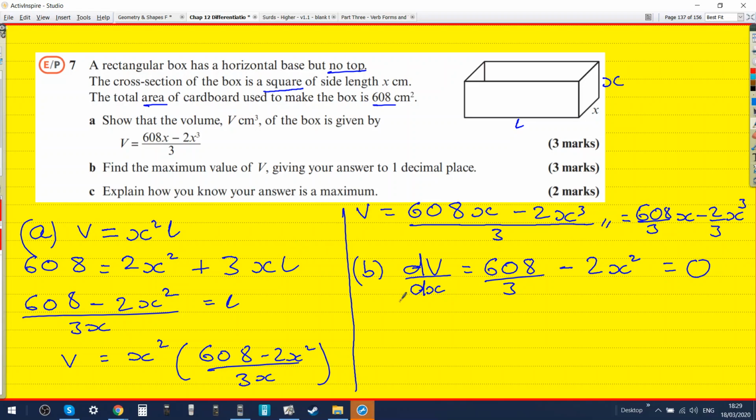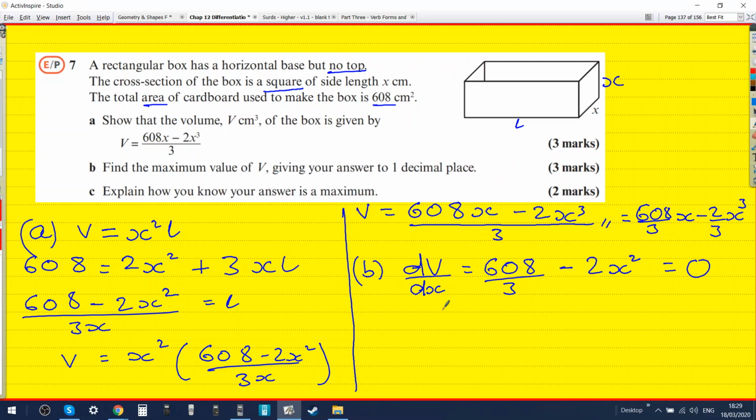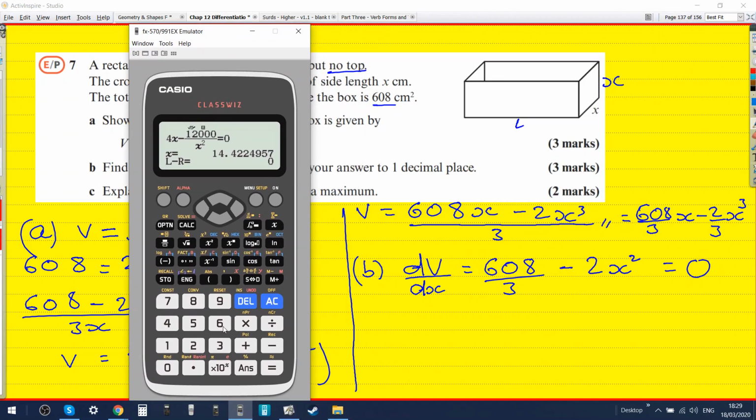So then 608 over 3 equals 2x squared. 608 over 3 divided by 2 gives us 304 over 3. And then we square root that. I got 10.1. 10.066.